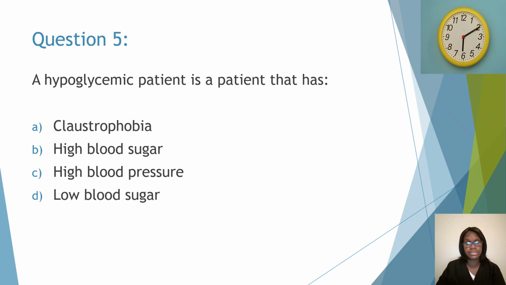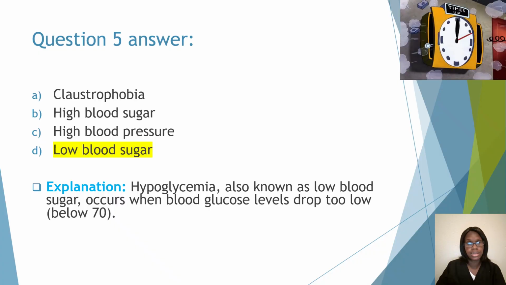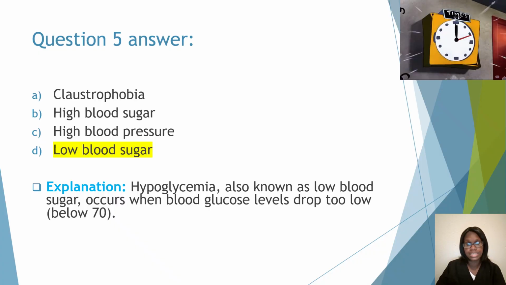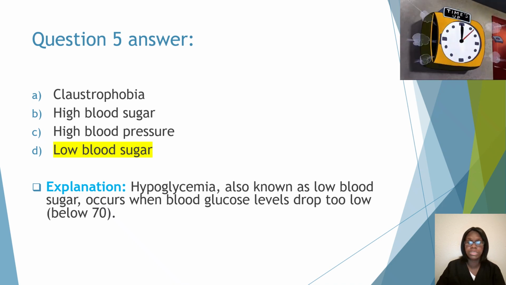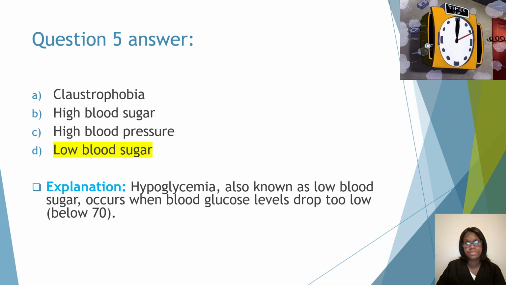Okay, the correct answer is D, low blood sugar. Hypoglycemia, also known as low blood sugar, occurs when blood glucose levels drop too low, which could be below 70.